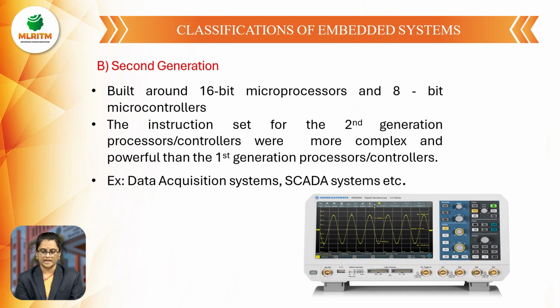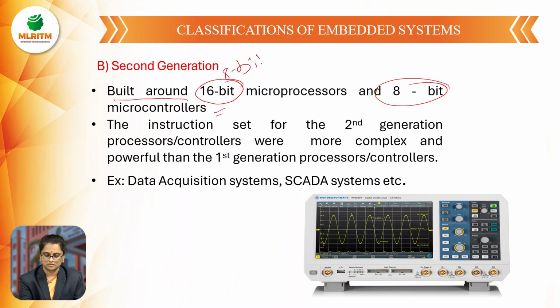Coming to the second generation, it was built around 16-bit microprocessors and 8-bit microcontrollers. The processor and controller counts are double compared to 1G. In 1G, 8-bit microprocessors and 4-bit microcontrollers were used; now the values are doubled in 2G.